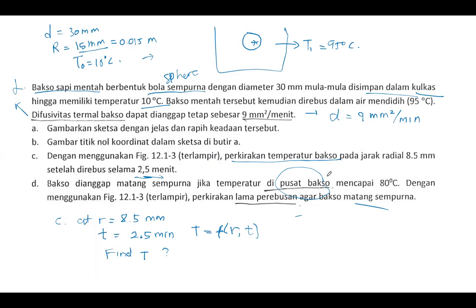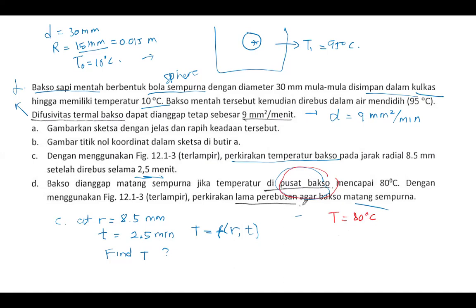What's the clue? What is the center temperature of the bakso? Your known temperature is 80 degrees Celsius. Your keyword now is that the center should be 80 degrees Celsius, and then you find the time.